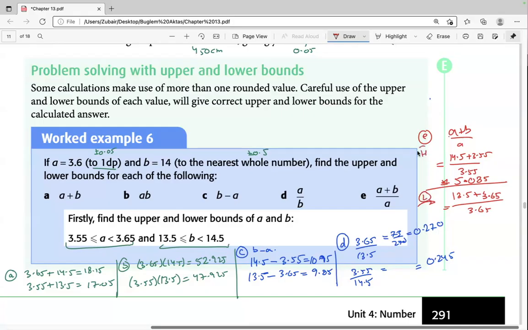Lower end, higher end, 13.5, 3.65 over 3.65 is 4.699, upper end and lower end.